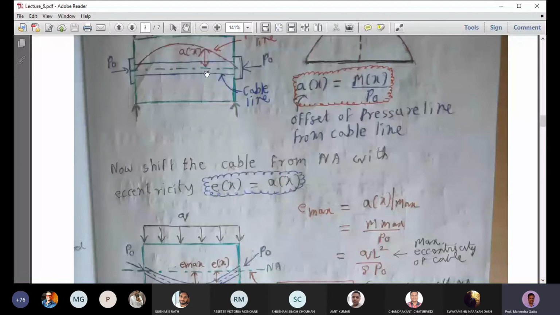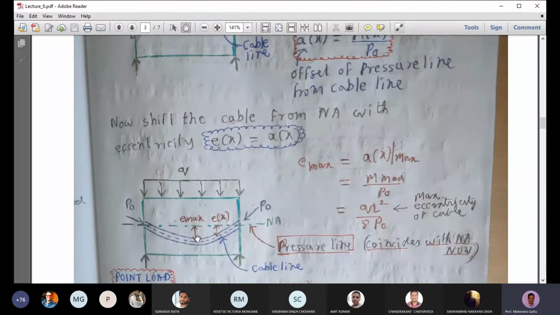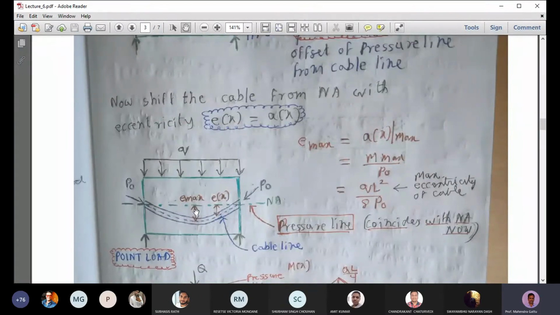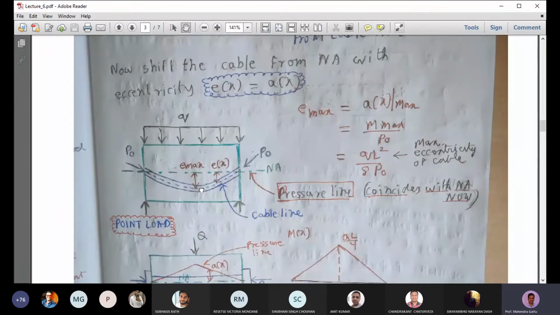So instead of this straight tendon, we'll give a curved tendon, and the eccentricity is such that E of x is equal to A of x. The maximum eccentricity will occur at the center span of the beam, and that maximum eccentricity value will be M max by P naught, where M max is qL square by 8.